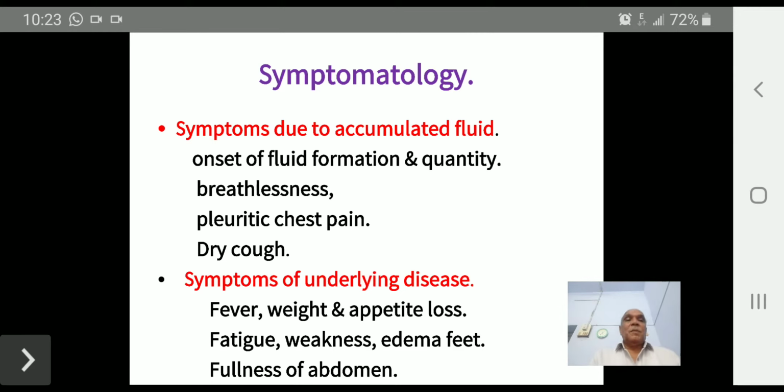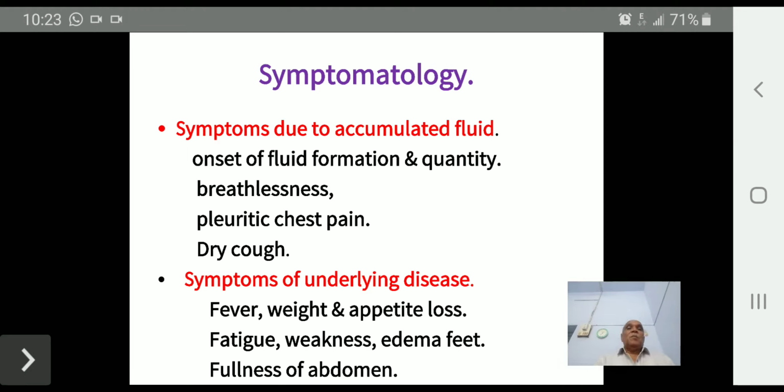The symptoms due to the fluid itself depend on the onset of fluid formation and its quantity. When the onset is gradual and the amount is small, the symptoms are minimal. But when the onset is acute and the amount of fluid is high, the patient complains of shortness of breath.